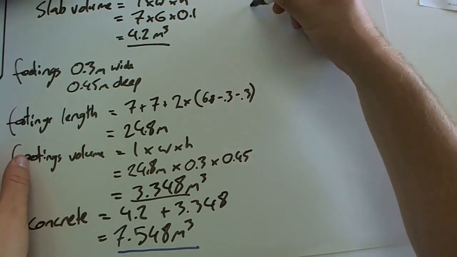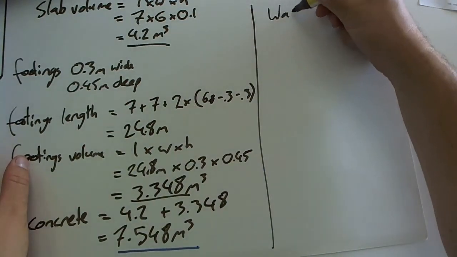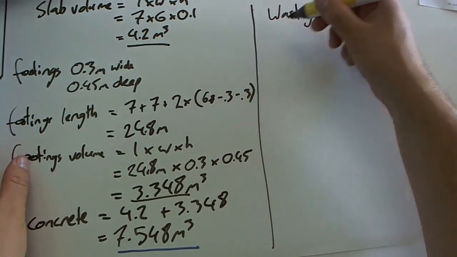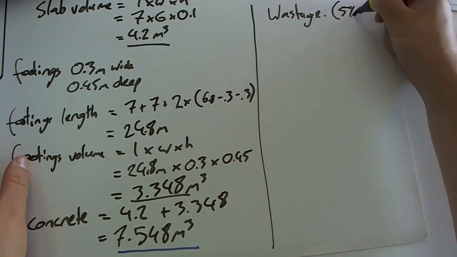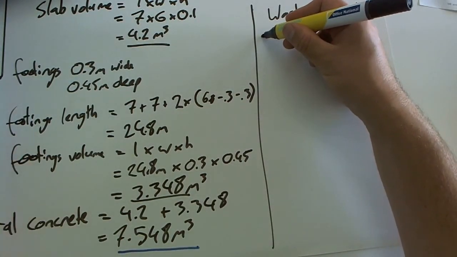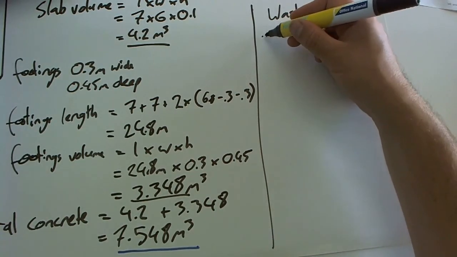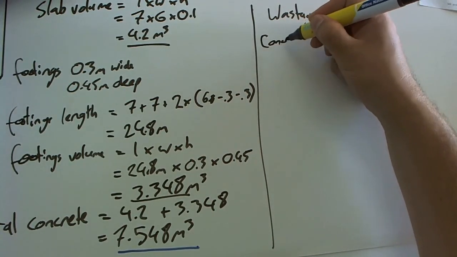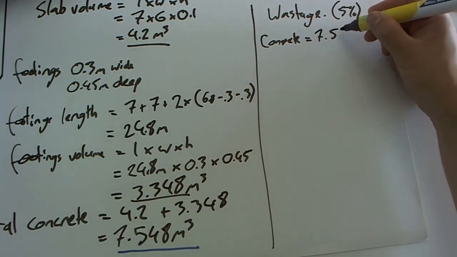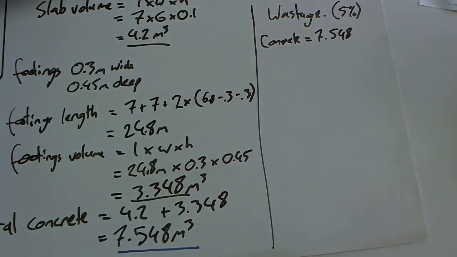So here's how we do it. Wastage, which is 5%. All I need to do is take my original number, the concrete, 7.548, and then 5% is 0.05.